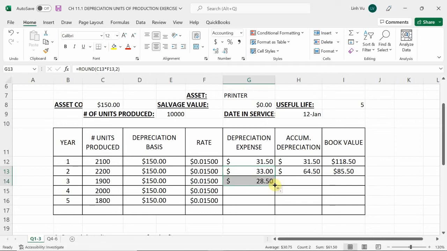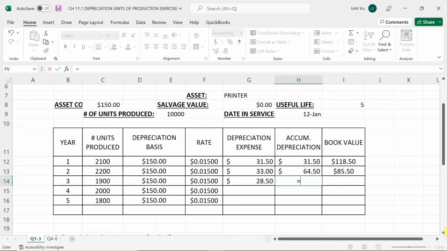So what's going to be determined by accumulated depreciation? $57 even. Not 57. Oh, okay. I forgot. When you get to that area, you're supposed to add. Yes. So okay. All right.